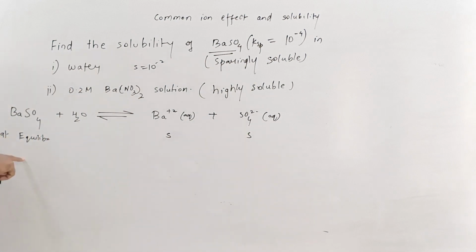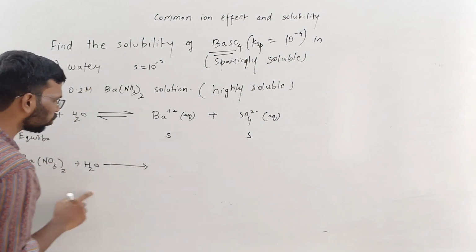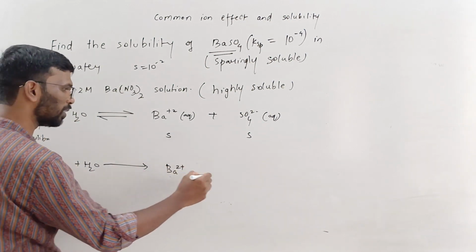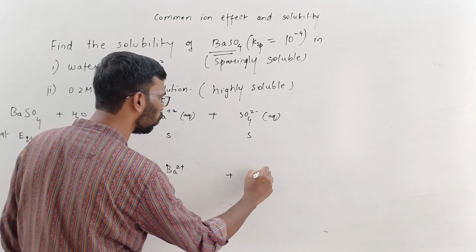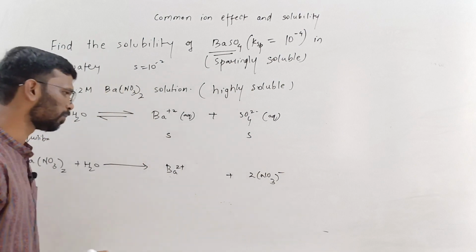Now I mix this with what? Barium nitrate, which is highly soluble. I am putting this into the same water, same mixture. It is highly soluble, means what? This will split as Ba2+ and 2 times NO3-, right?